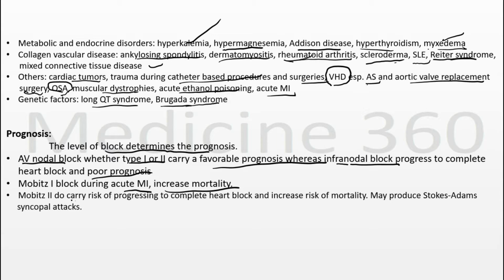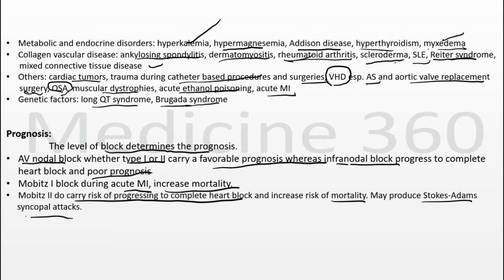Mobitz type 2 can progress to complete heart block. Second degree heart block has more chances to progress to complete heart block as compared to Mobitz type 1, and increases risk of mortality. And heart blocks, especially Mobitz type 2, can produce Stokes-Adams syncopal attacks.